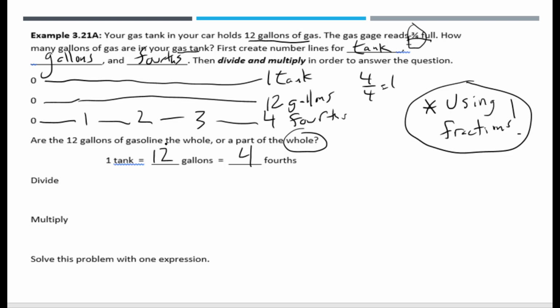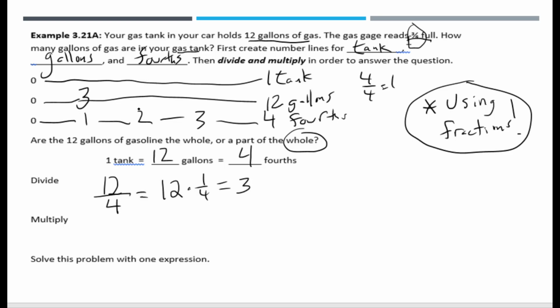So what I'm going to wind up doing here is, 12 gallons I have, and I only have 3 fourths. So if I take 12 and divide it by 4, which is the same thing as 12 times 1/4, I get 3. So 1/4 of a tank is 3 gallons.